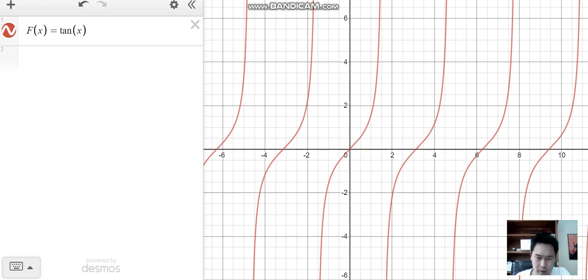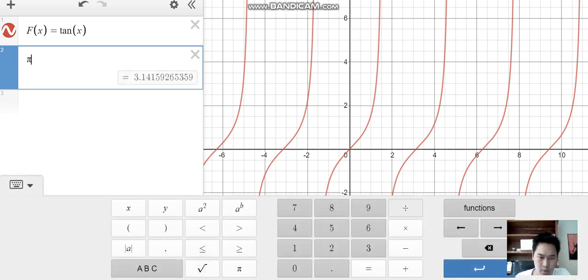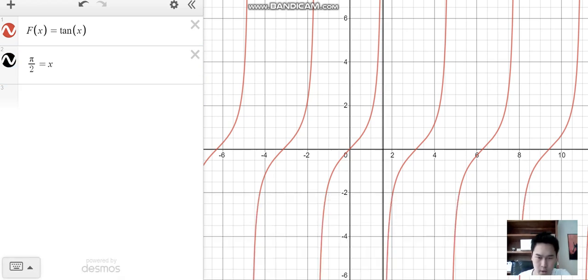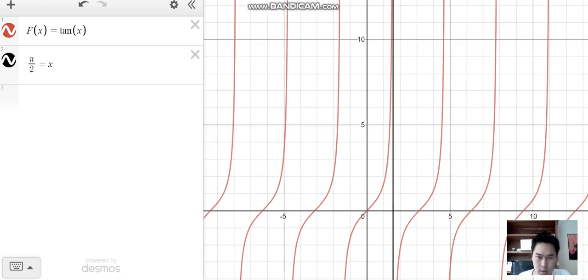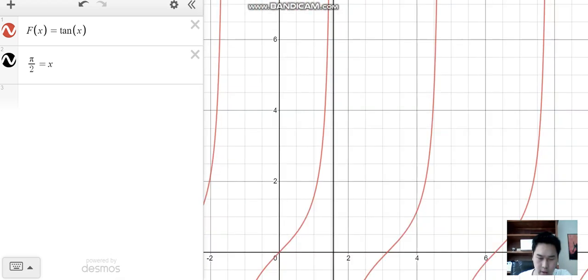There's a cycle, and there's a vertical asymptote there, say at pi on 2, for example. You see that it's approaching, but it's never actually touching this line.